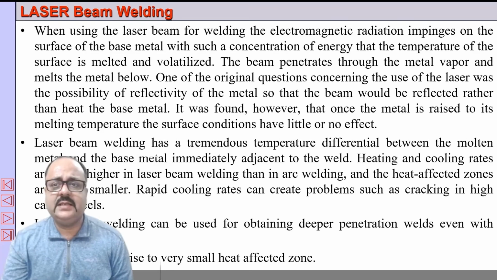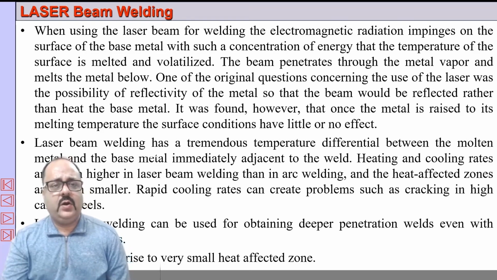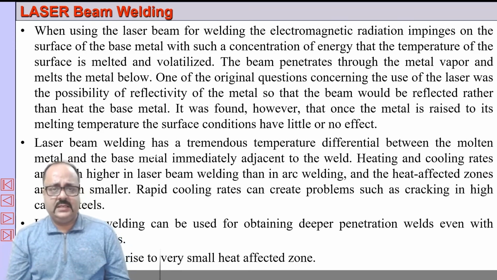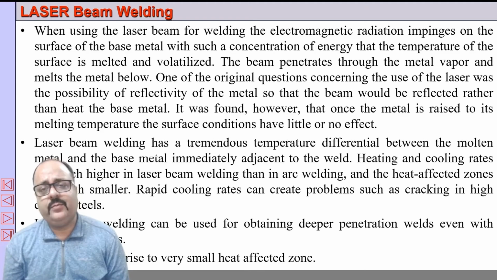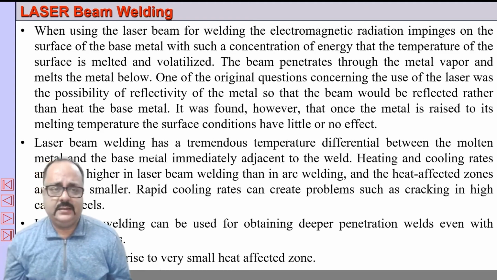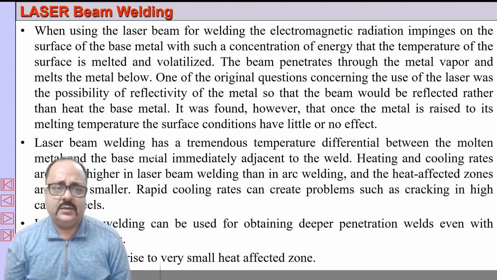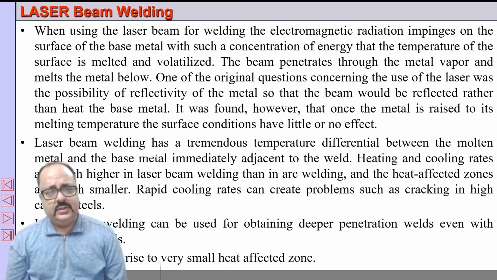Basically the laser beam is made to strike the workpiece. The concentrated energy of the laser melts the surface, and this molten metal then forms a union and the welding is completed. The heat affected zone is extremely narrow.